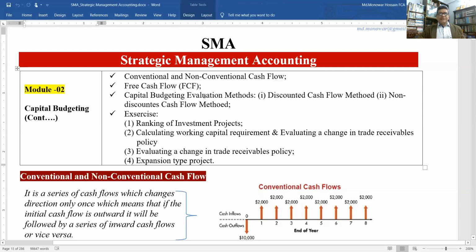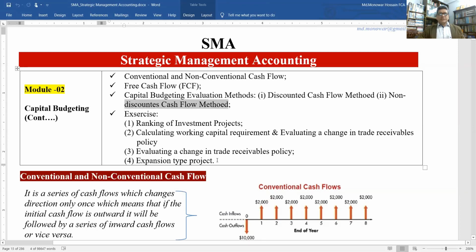So today we will learn conventional and non-conventional cash flow, free cash flow, capital budgeting evaluation methods, discounted cash flows, and non-discounted cash flows.